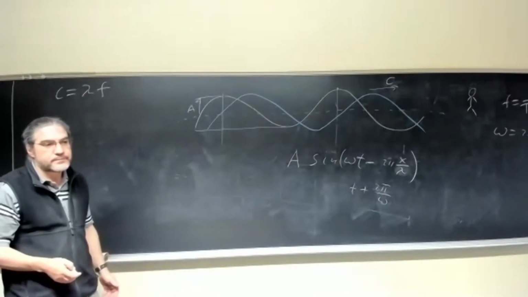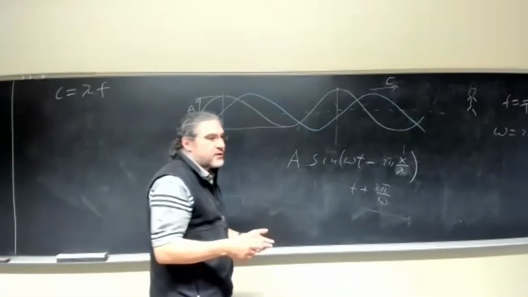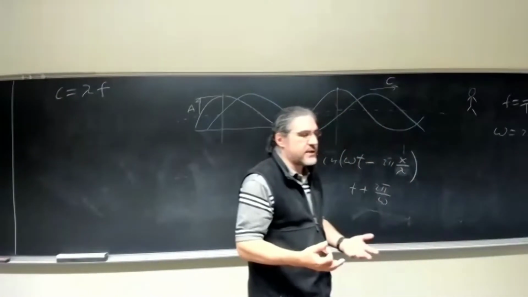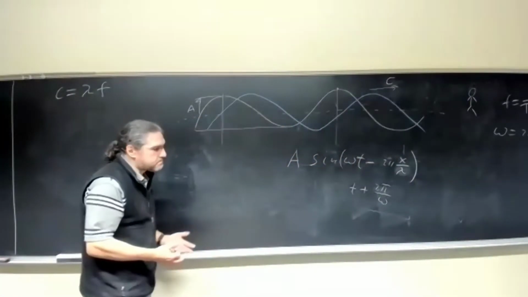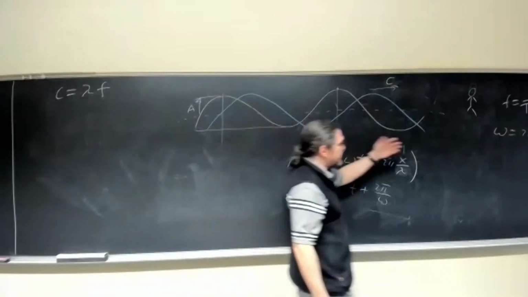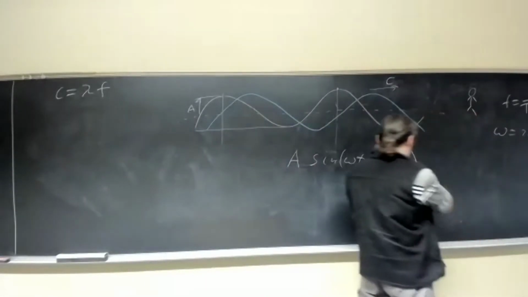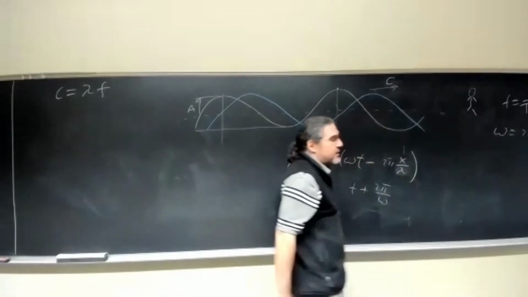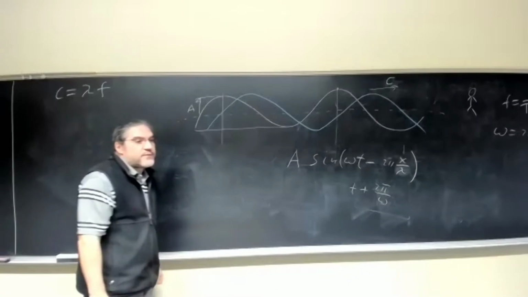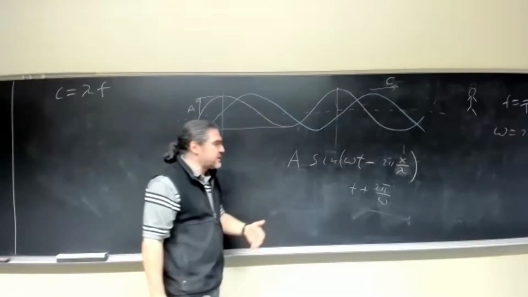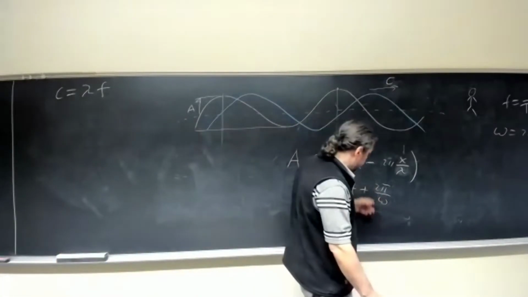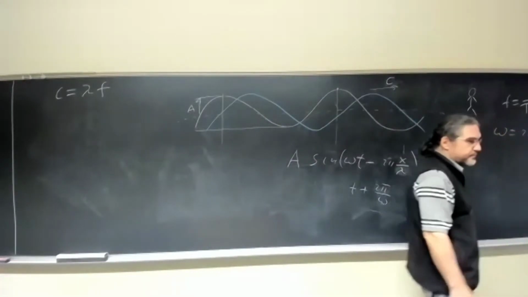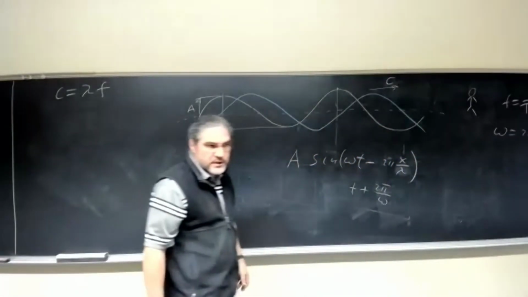But if I add 2 pi to the argument of sine, I exactly get the same number, since 2 pi is the period of a sine. So when I observe at one particular space point x, watching this wave coming to me, I will have a periodic function with the period 2 pi divided by omega, and that's exactly the same period. That makes sense?